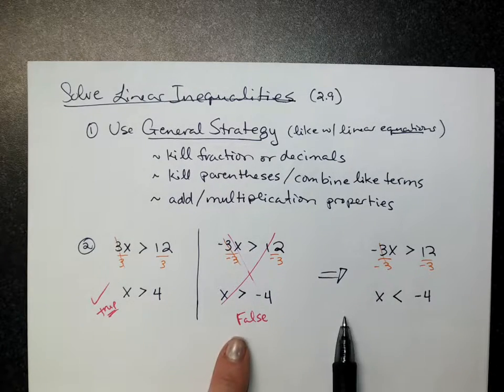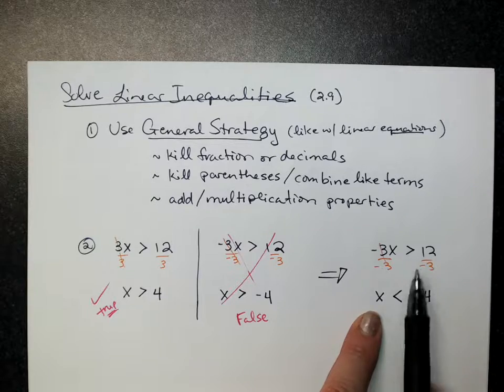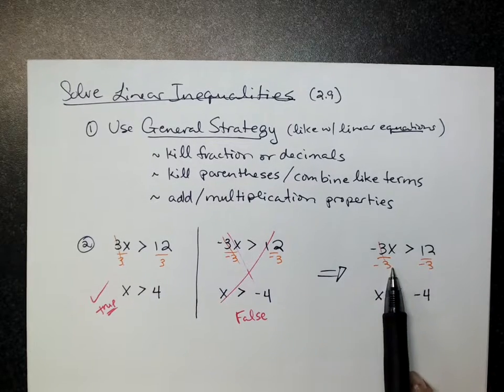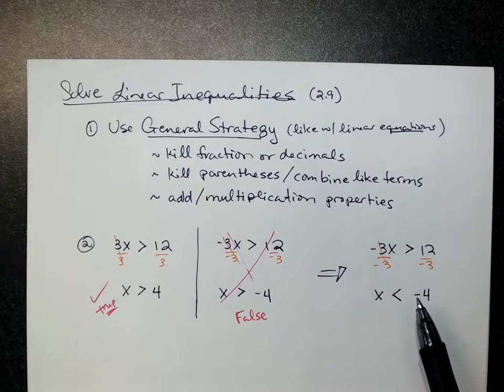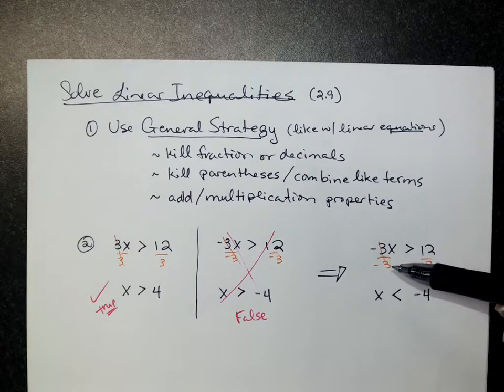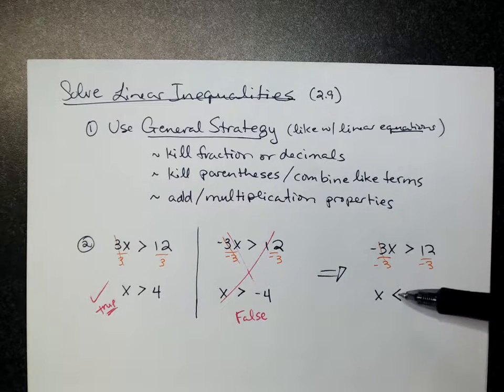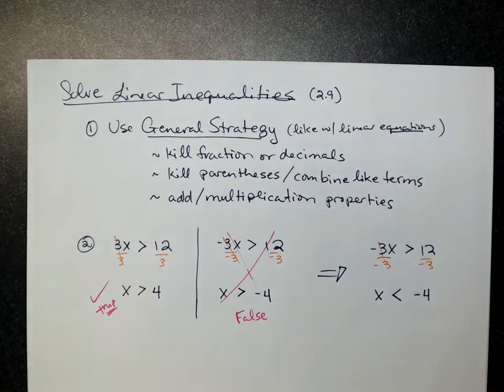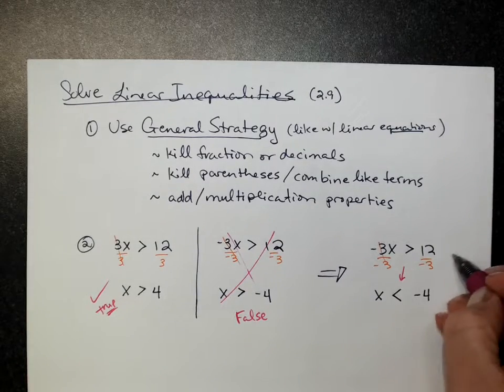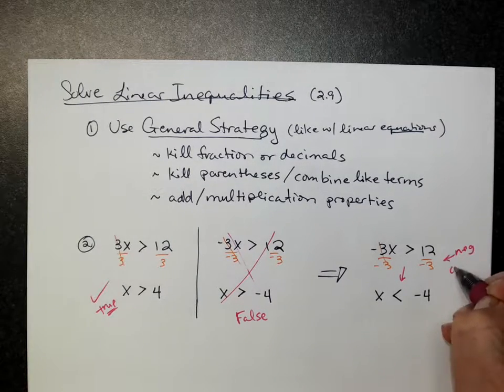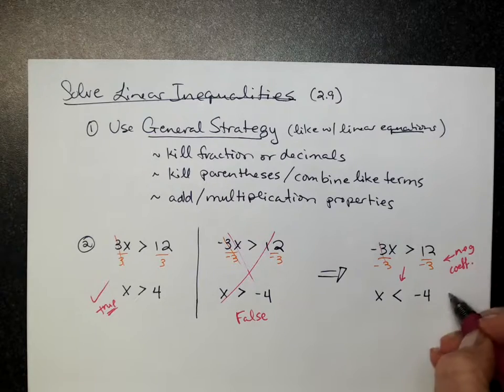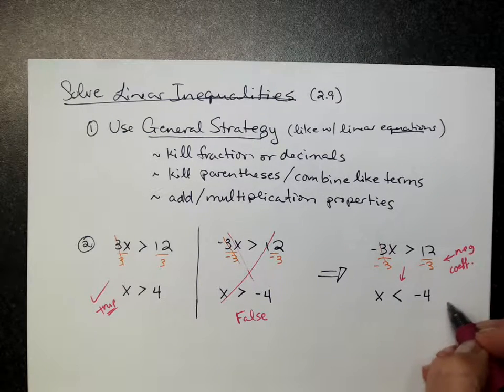This is the very last step. If you have to divide by a negative coefficient, don't delay, make it one fluid move: divide by a negative coefficient, flip the symbol.